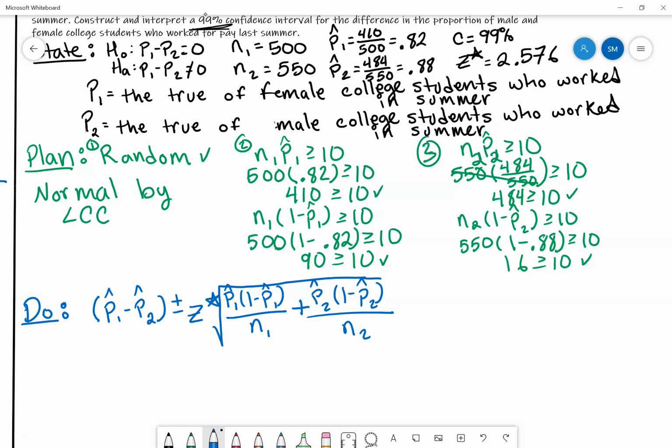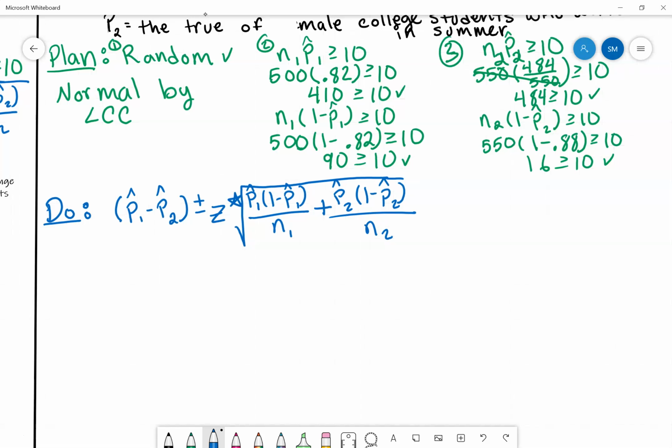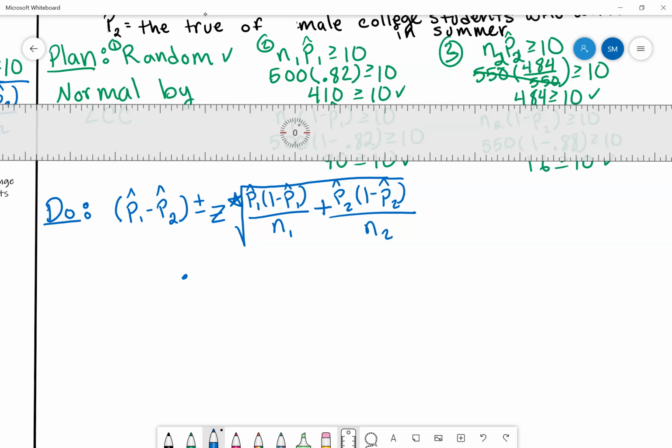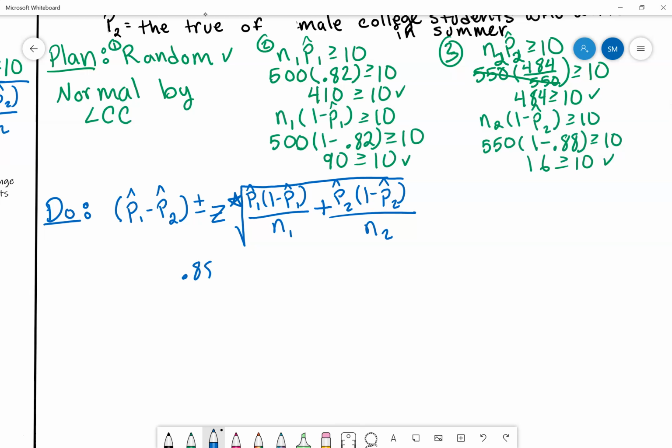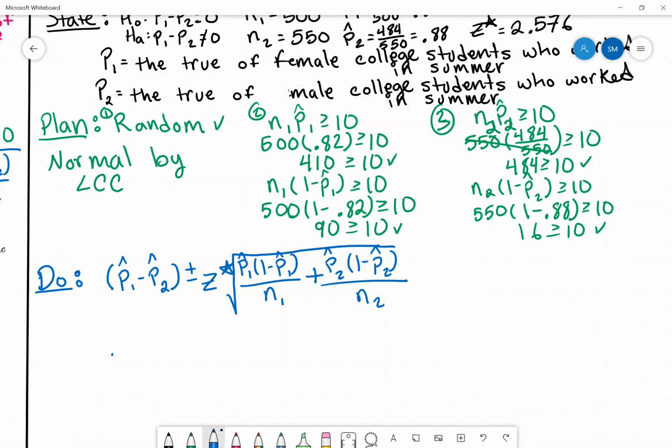Okay, so let's go ahead and plug everything into this formula that we know. So, p hat sub 1 is 0.82.